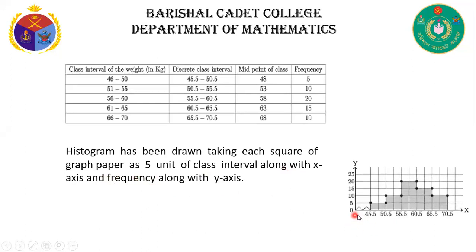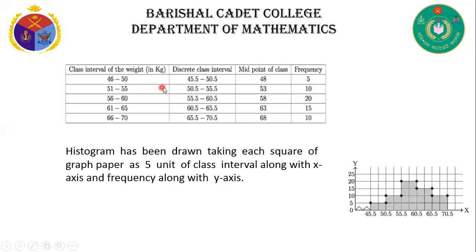Here the class interval starts at 45.5. Then the frequency is 5. And when the class interval is 50.5, the frequency is also 5.